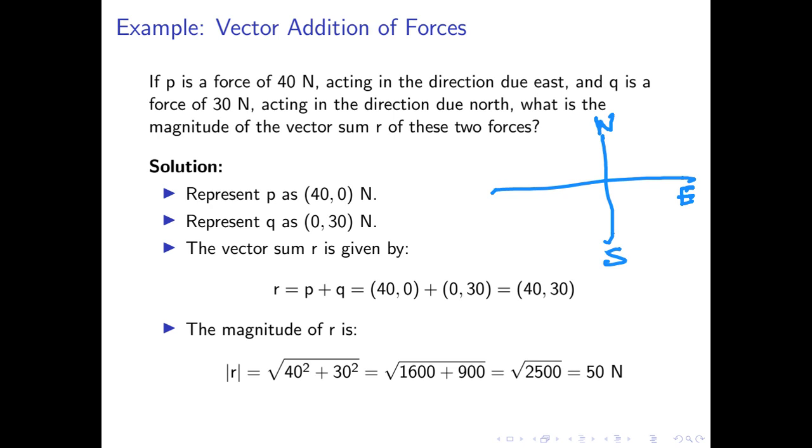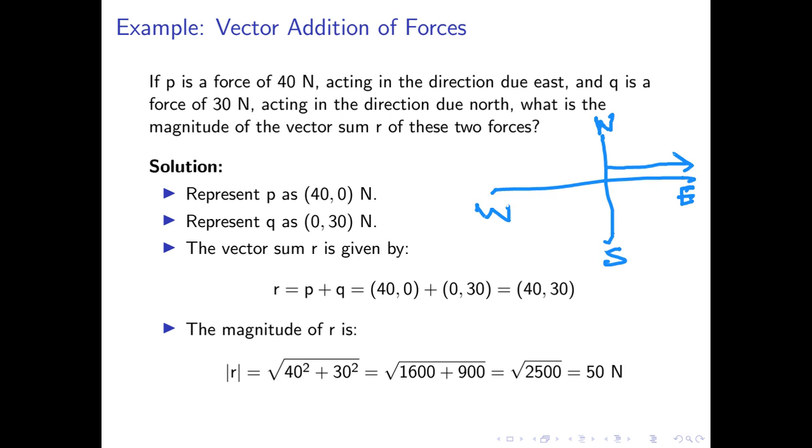The question says P is a force of 40 Newton acting in the direction due east. So we can actually draw a line in this direction, east. Say that is P. And Q is the force of 30 Newton acting in the direction due north.